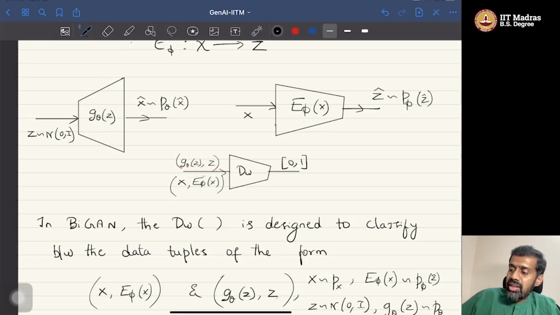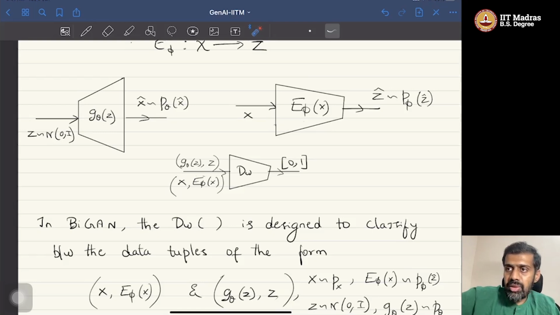If we do that, one can show that this entire setup would learn the encoder in such a way that it can correctly give you the corresponding input vector given a particular image.